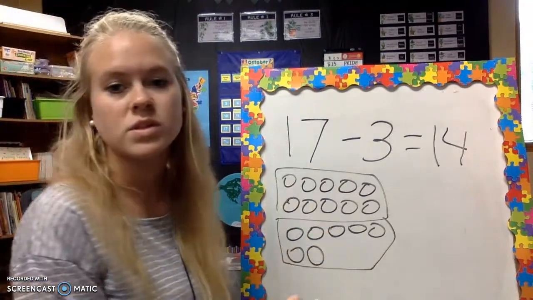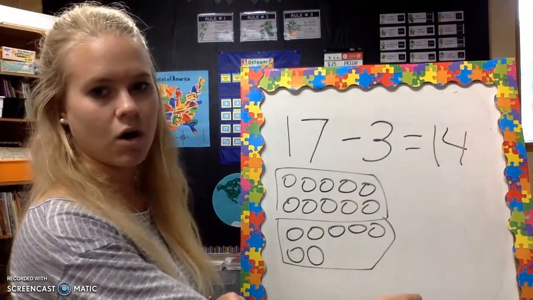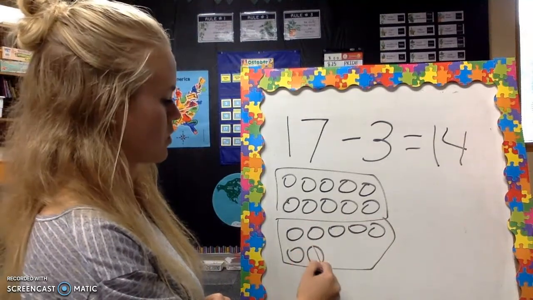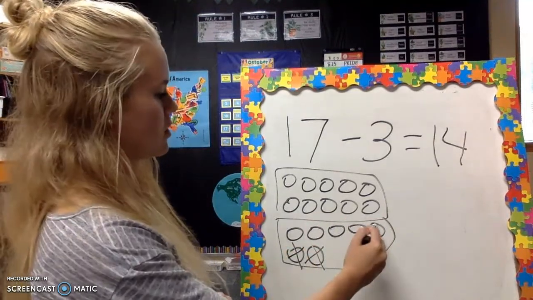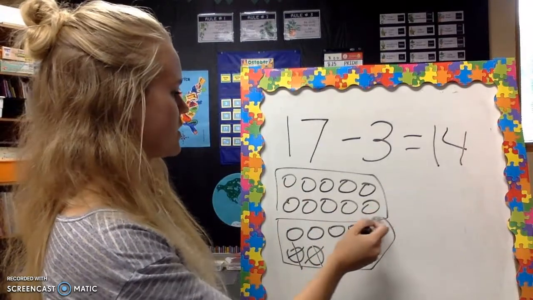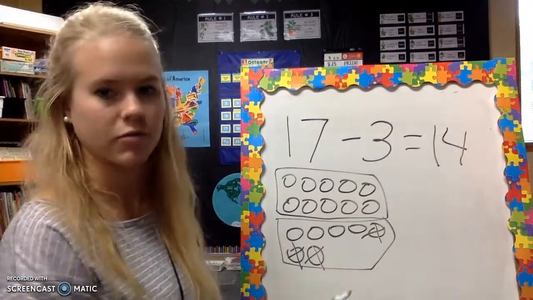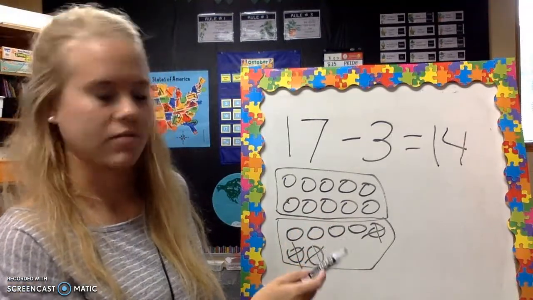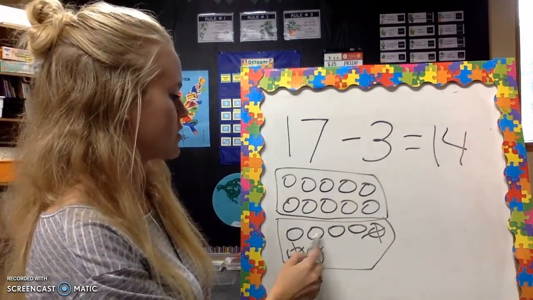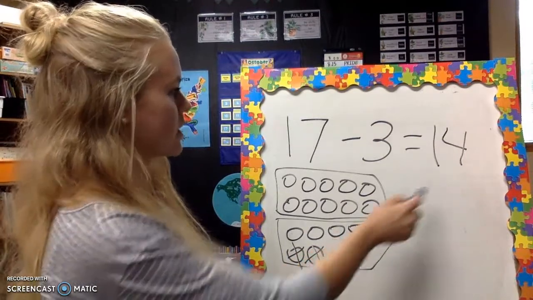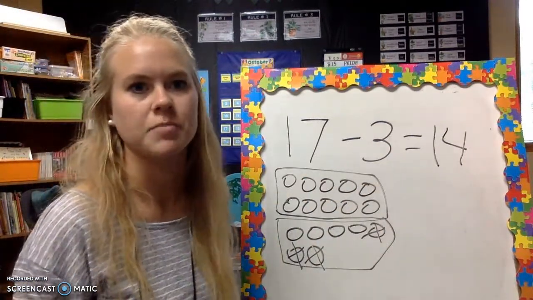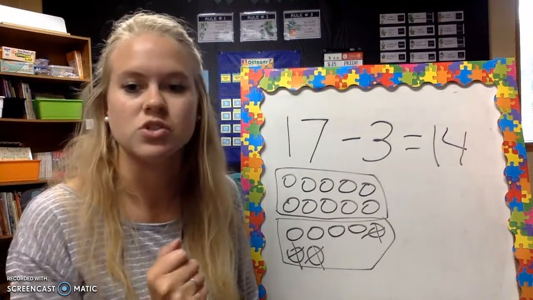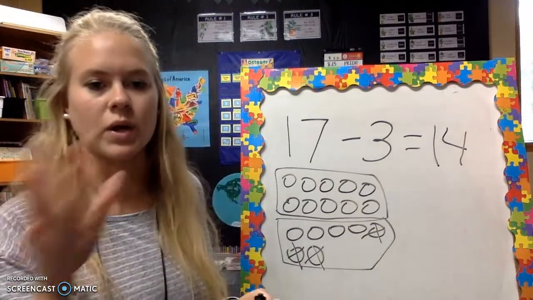Now, when we're subtracting, we are not adding more on, we are Xing them out. 1, 2, 3. Then I know that this is 10. It kind of reminds me of a 10 frame. I know that this is 10 and I can count on to see how many I have left. 10, 11, 12, 13, 14. My answer is 14.